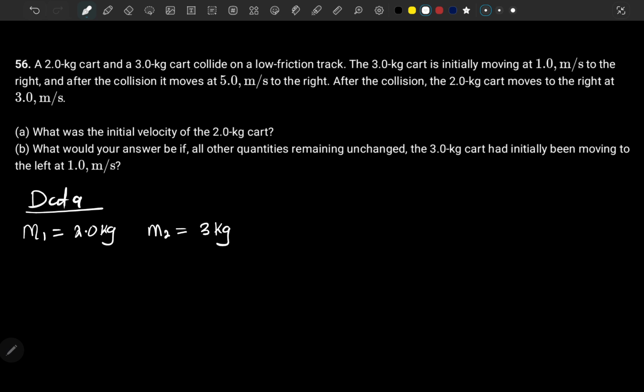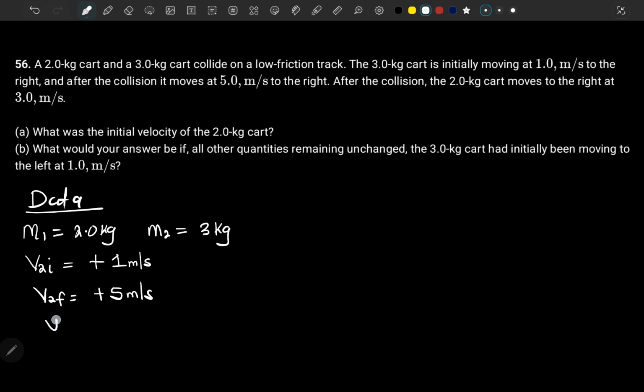V2 initial is positive 1 meter per second. Remember, the 3 kg is at 1 to the right, and after collision it moves at 5 meters per second, meaning V2 final is positive 5 meters per second.